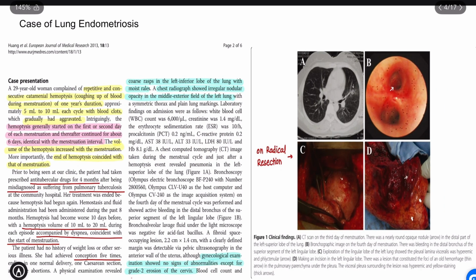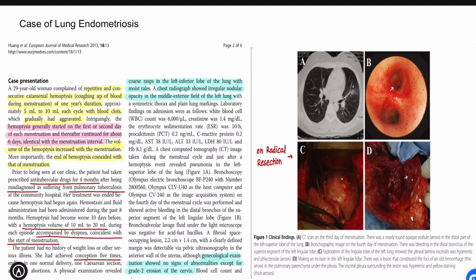Okay, now a case of lung endometriosis. This is a very interesting case that was published in the European Journal of Medical Research in 2013. The case says that a 29-year-old woman had a complaint of repetitive and consecutive hemoptysis, that is coughing up of blood, during menstruation, 5 to 10 ml each cycle of blood clots, which gradually had aggregated.